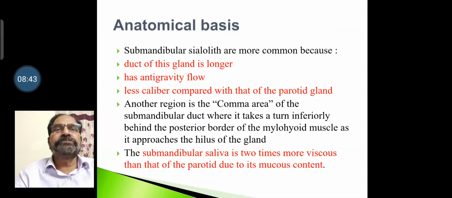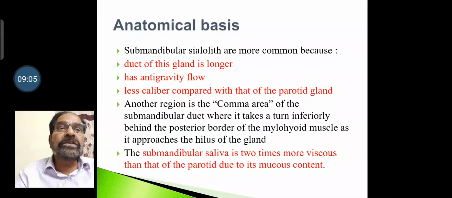Anatomical basis. Submandibular stones are more common because the duct of the submandibular gland is longer, it has anti-gravity flow, less caliber duct compared with that of the parotid duct.